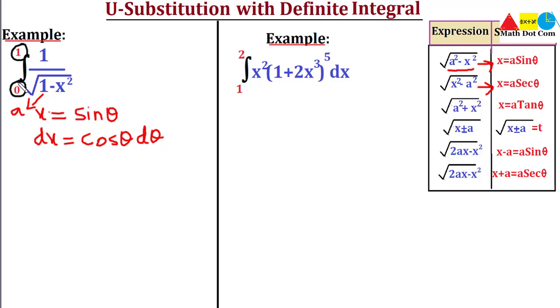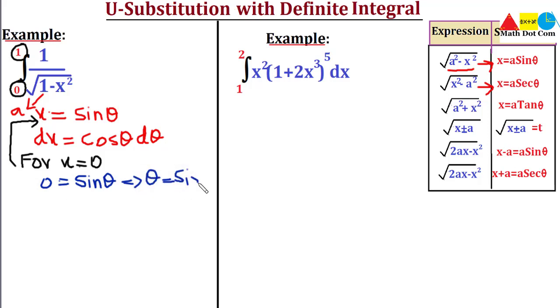First of all, for x is equal to 0, this is the lower limit, we have to put this value of x in the substitution. So x is 0, so 0 is equal to sine theta, and it implies that theta is equal to sine inverse of 0. What does it mean? It means we have to take the value of theta where sine is 0.